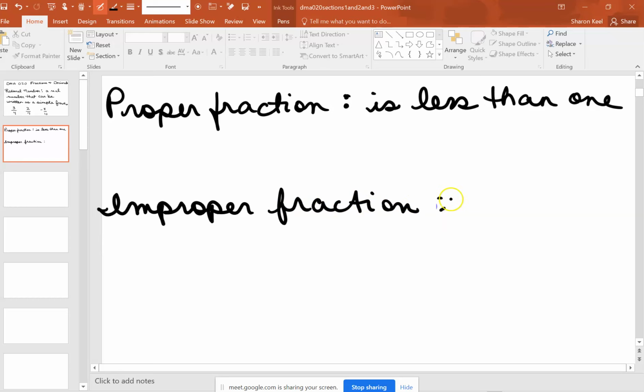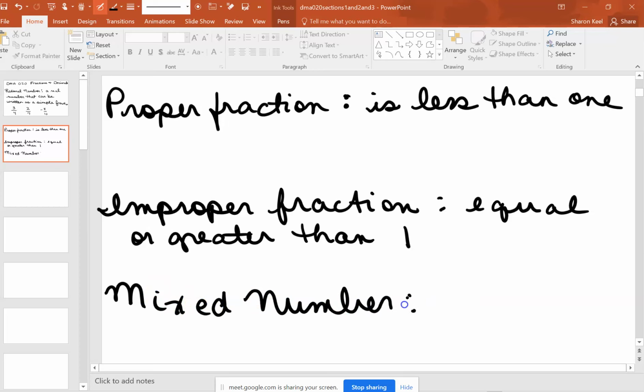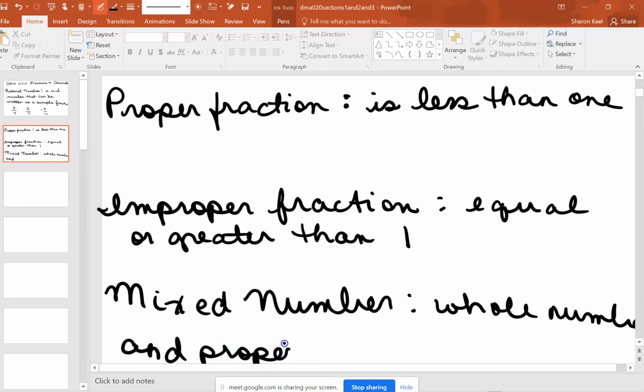This would be equal or greater than 1. And a mixed number is going to be a whole number and a proper fraction. I'll give you an example of each of these.